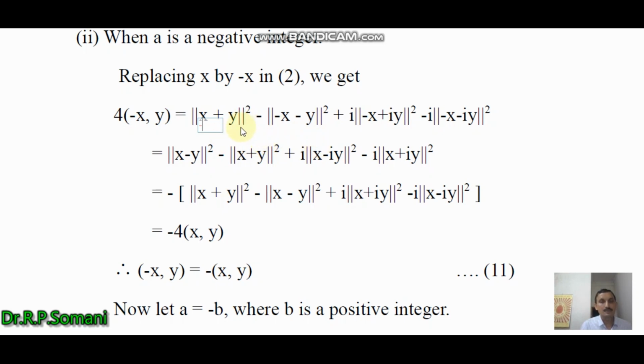Then after simplification, taking the minus sign outside, we obtain norm x minus y square minus norm x plus y square plus iota norm x minus iota y square minus iota norm x plus iota y square. Then taking the minus sign outside, we obtain this, and this is the value of 4 xy. So in this way, we obtain that inner product of minus x, y equal to minus x comma y, and this we denote as equation number 11.